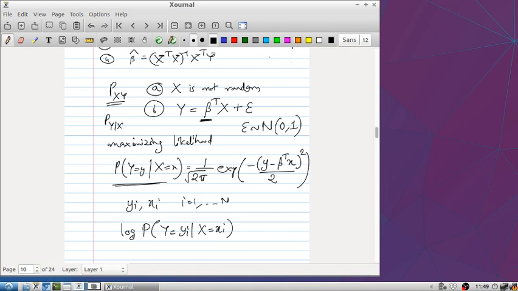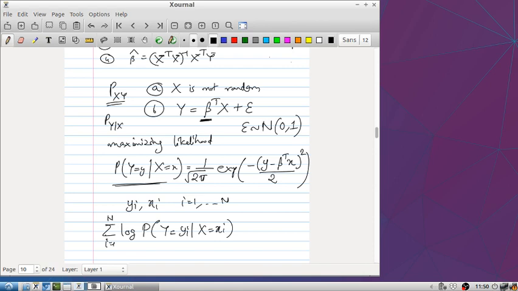So I'll take this log, and I'll do a summation over all i equal to 1 to n, because I have n observations, I can compute these numbers for every observation, provided I told you what beta is. If I told you some beta, you can completely evaluate this summation of n numbers.